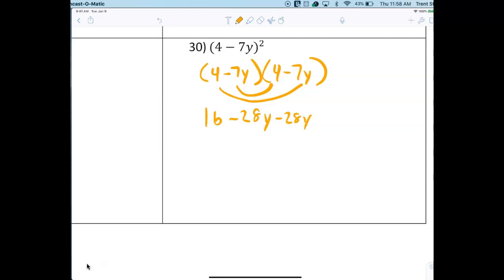And finally, good job. What happens in the middle term? So we're left with 16, minus 56y plus 48. Yes. There you have it, guys. That wasn't bad, right? Not bad at all.